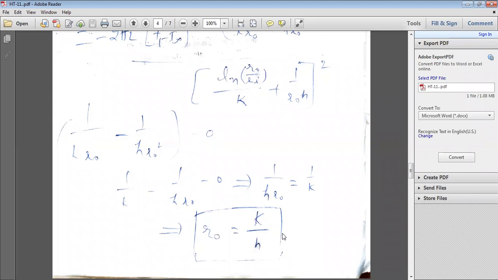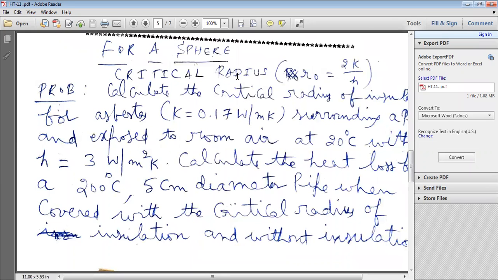This is for a cylinder. But for a sphere you have to follow the same procedure. Follow the heat transfer rate equation, Q is equal to 4 pi k times Ti minus To into Ri divided by Ro minus Ri, use that relation and differentiate Q with respect to Ro, and after that you can get the condition for a sphere.